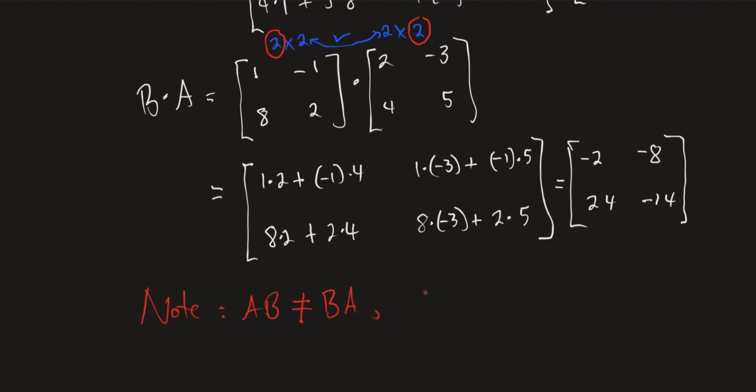And what this means is matrix multiplication is not commutative. All right, so matrix multiplication is not commutative. So we can't take it for granted that we can just switch the factors around and get the same answer, right?